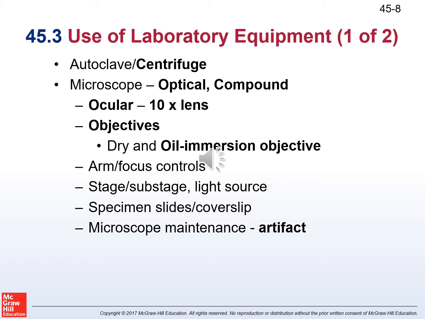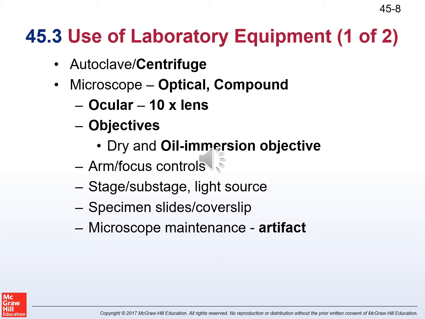The third objective is called an oil immersion objective, which is used for specimens that need extreme magnification. It is designed to be lowered into a drop of immersion oil placed directly on the slide above the prepared specimen. An oil immersion objective has a magnification factor of 100x.